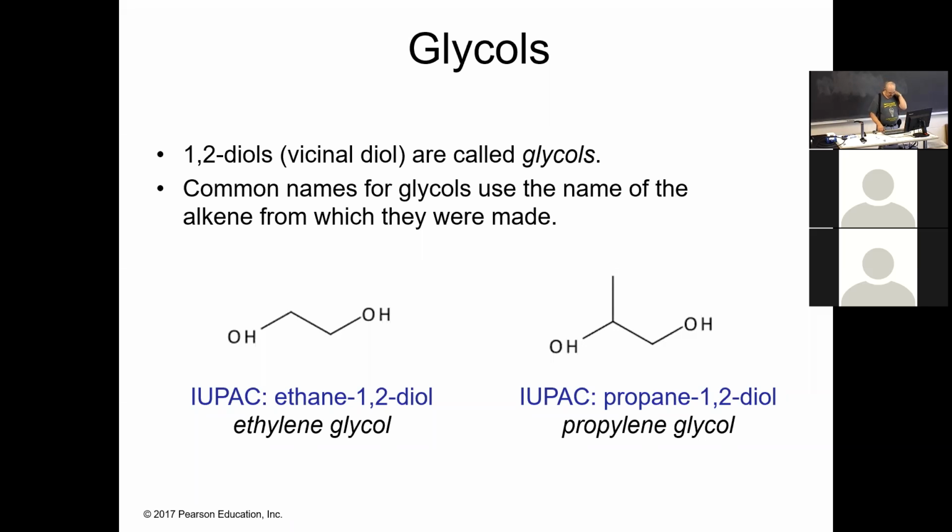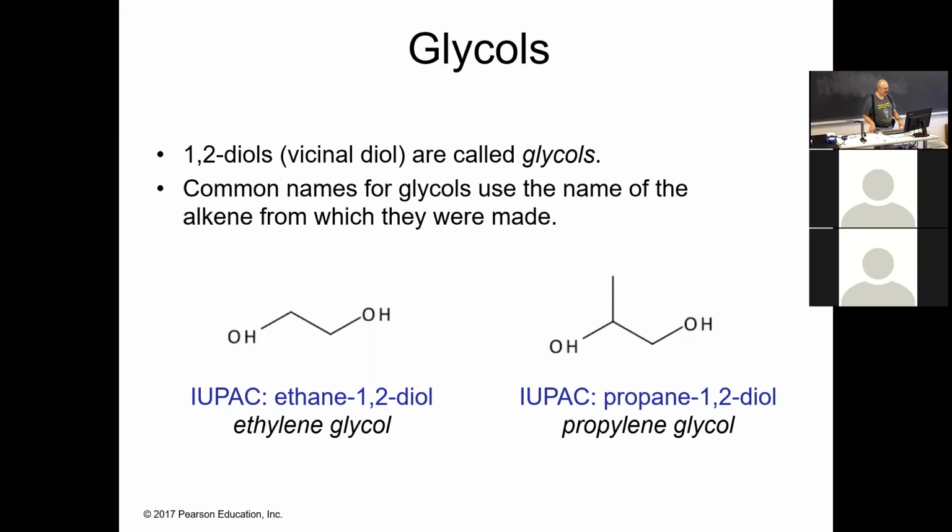And this one right here on the left, in the IUPAC, it's ethane-1,2-diol, and its common name is ethylene glycol. You remember that ethylene was a compound with a carbon-carbon double bond. But you can see there's no double bond.